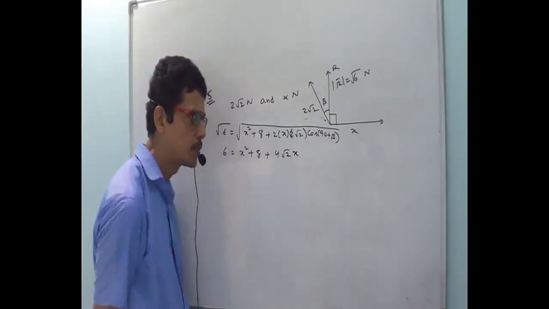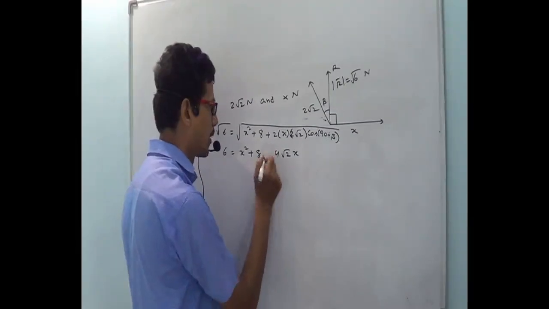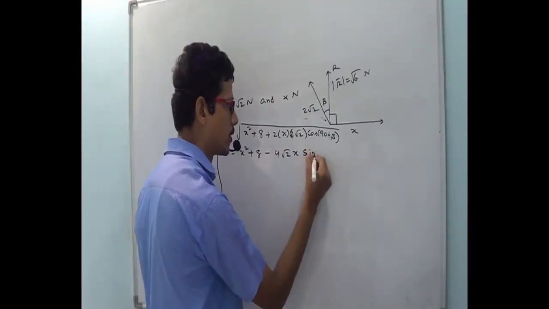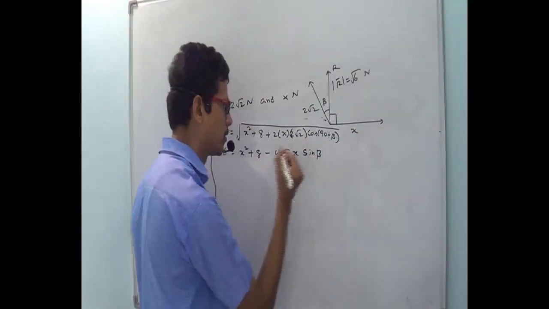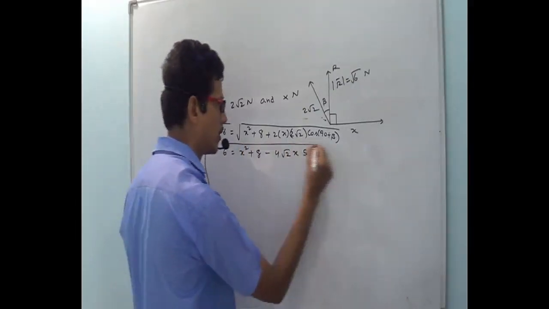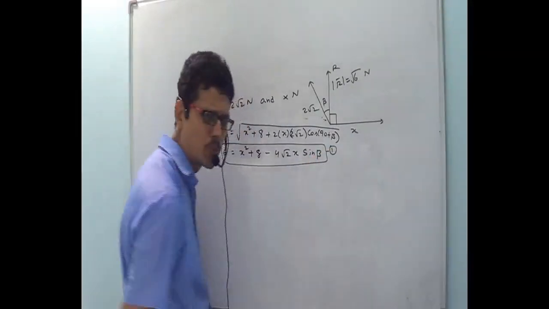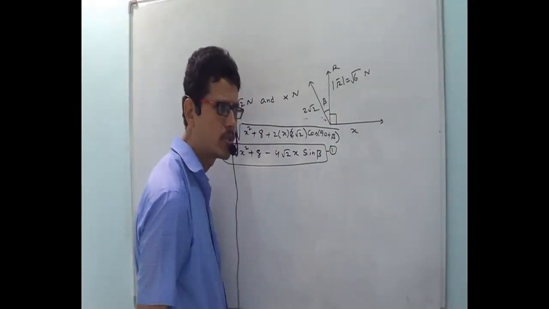What is cos(90 + beta)? Minus sin beta. Second quadrant, cos is negative. Okay, this is equation 1. And what is equation 2? What can you tell about the second equation?